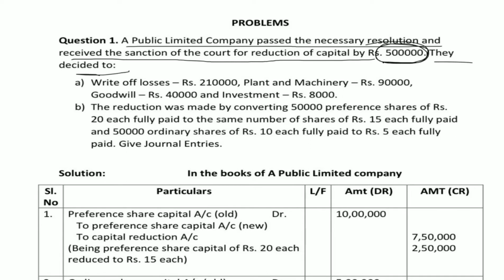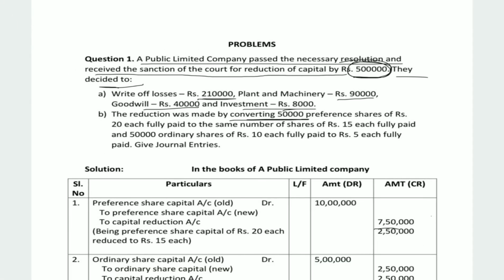They decided to write off 2,10,000 losses, plant and machinery of rupees 90,000, goodwill of rupees 40,000 and investment of rupees 8,000. Now the reduction was made by converting 50,000 preference shares of rupees 20 each fully paid to the same number of shares of rupees 15 each fully paid.